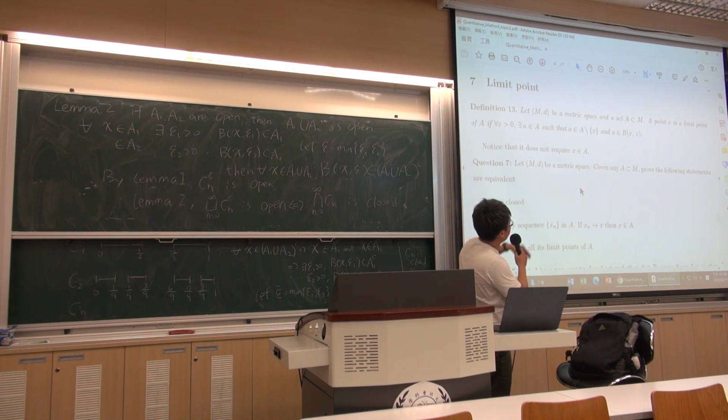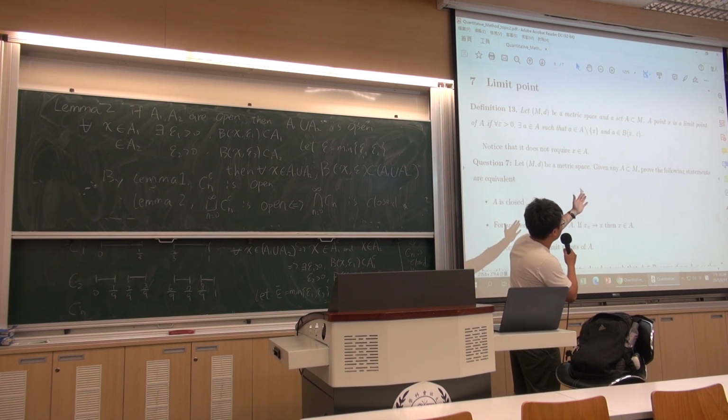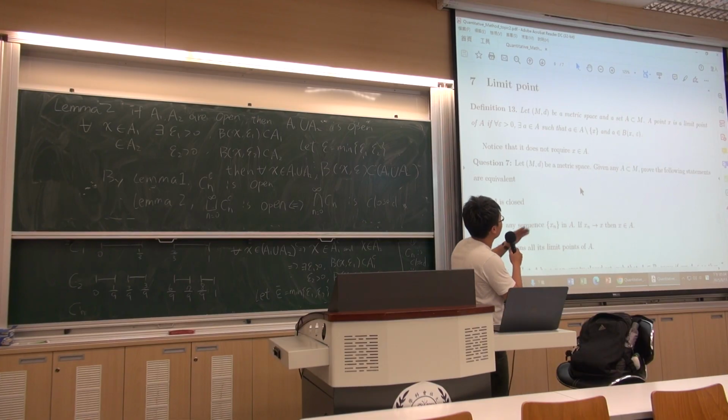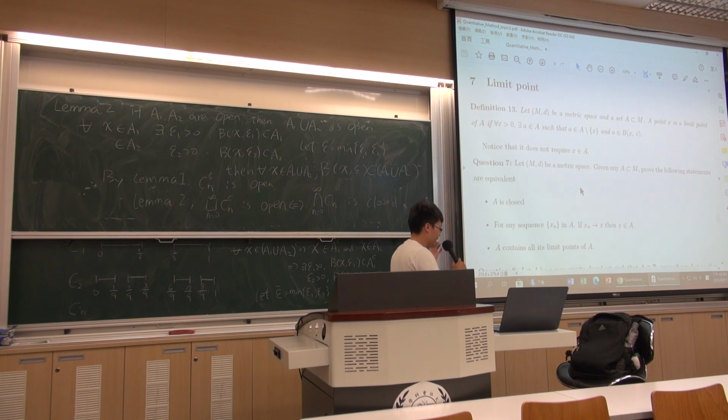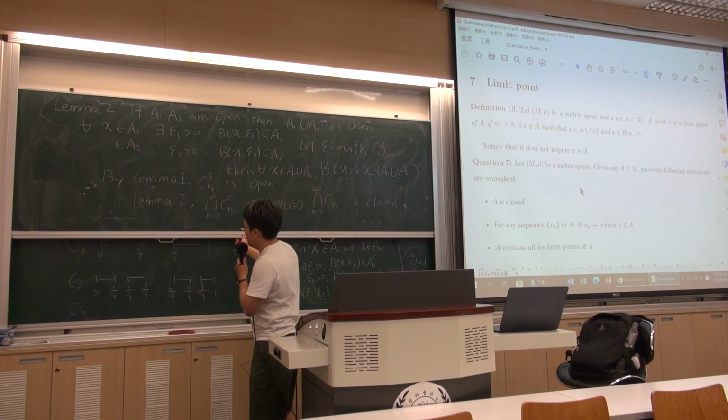When we are in a metric space M and the set A is contained in the metric space M, a point x is said to be a limit point of A if for all positive epsilon, there is a small a within that set A such that small a is contained within that open ball. So what does that mean? It's kind of complicated here.